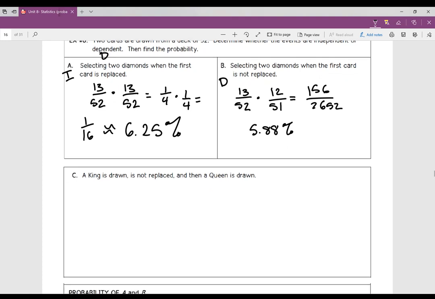Okay, so a king is drawn, is not replaced, and the queen is drawn. So does it affect? Yes, it does, because it changes the amount of cards that we have in our deck. So this is, in fact, dependent. So a king is drawn. There's 4 kings out of the total 52 cards times the 4 queens, but now there's only 51 cards. 51 times 52 is 2,652.